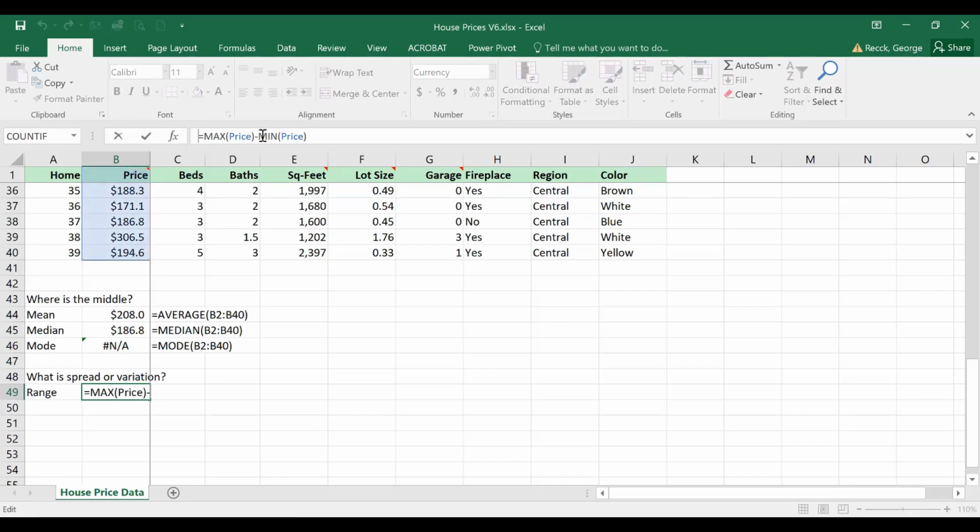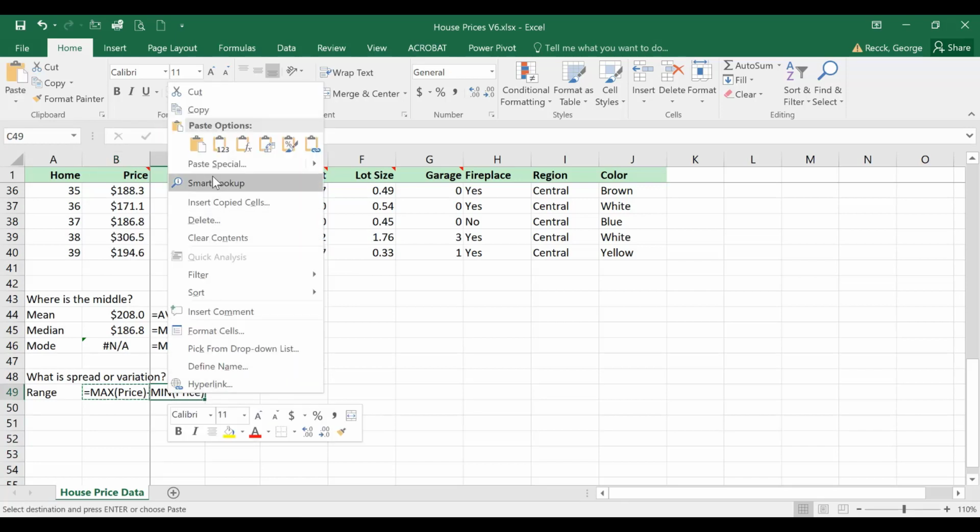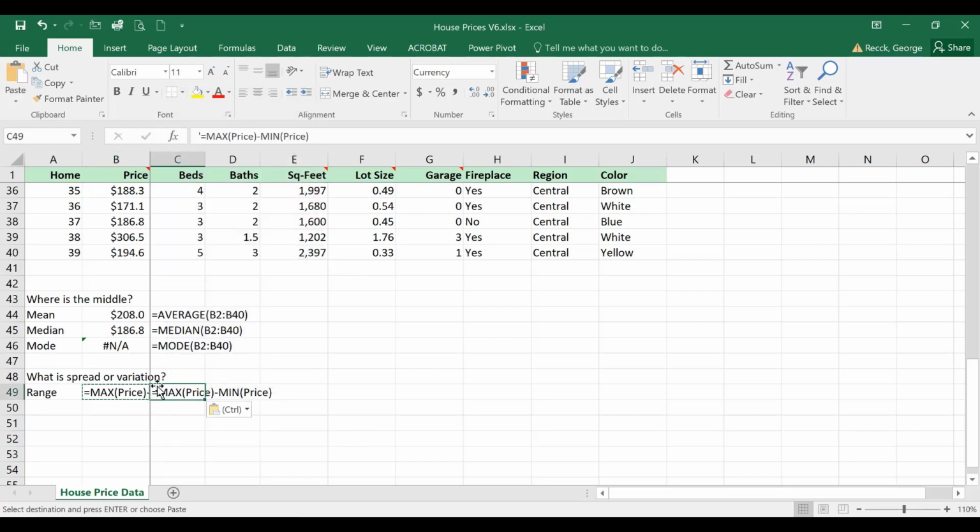There's my range of price, and I can add a decimal point to that. I can add my apostrophe there, and like other things I've been doing, I can copy and paste that to the cell to the right in column C, and then I can go back and get rid of the apostrophe. Now, you don't necessarily have to do that yourself.